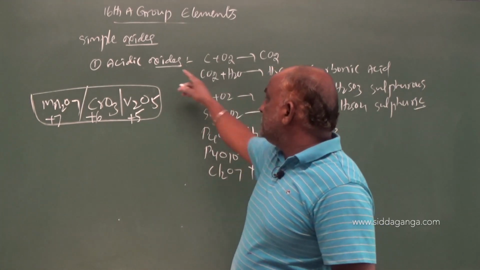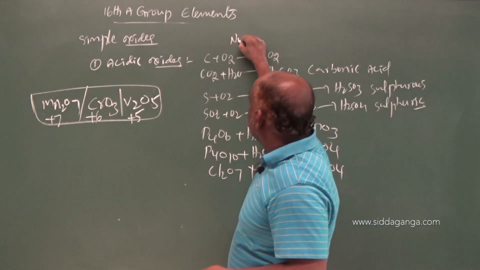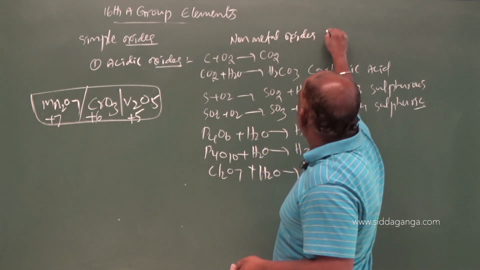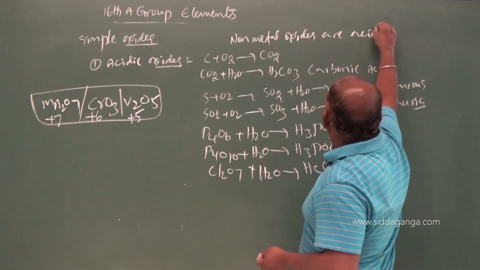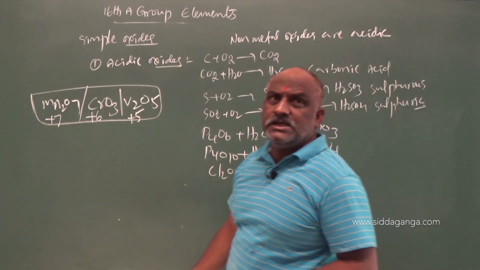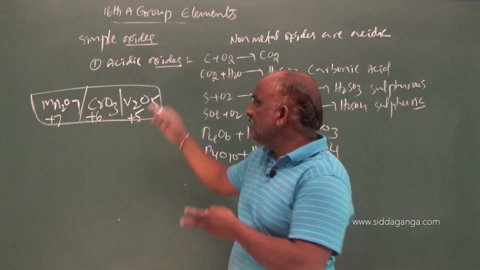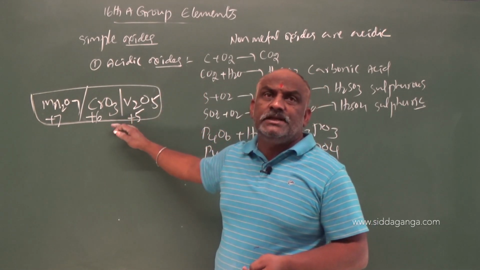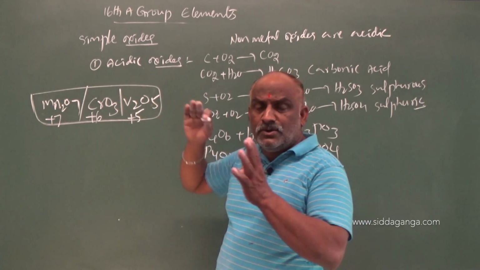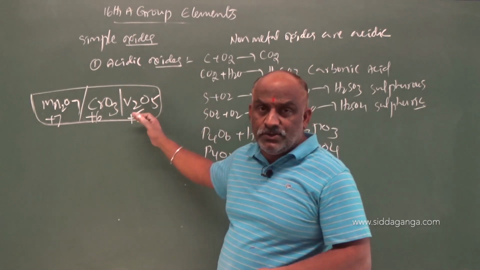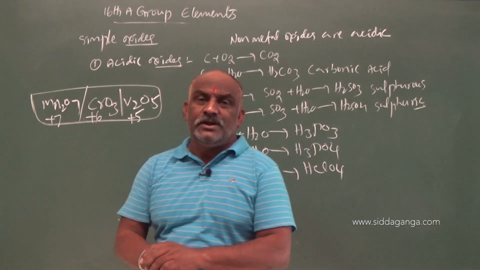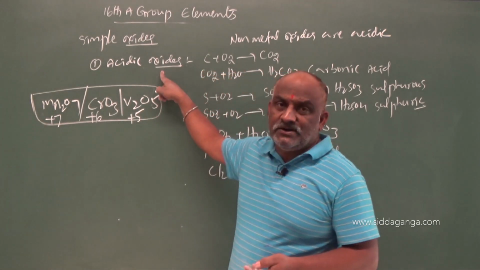Already I said, acidic oxides generally means non-metal oxides are acidic. But here, the exception is that some metal oxides also exhibit acidic nature. Acidic means which neutralizes NaOH.